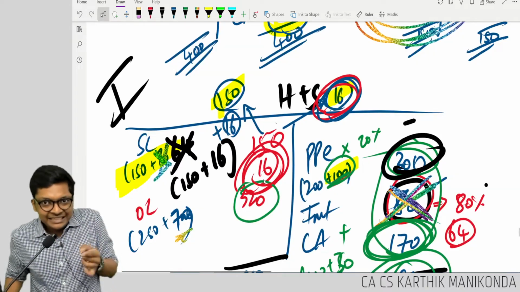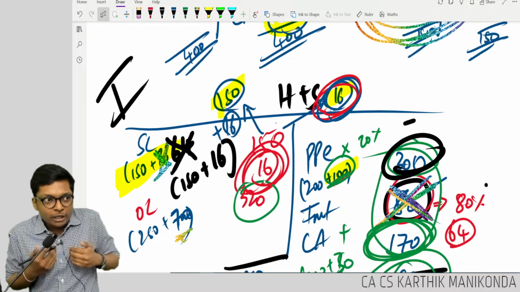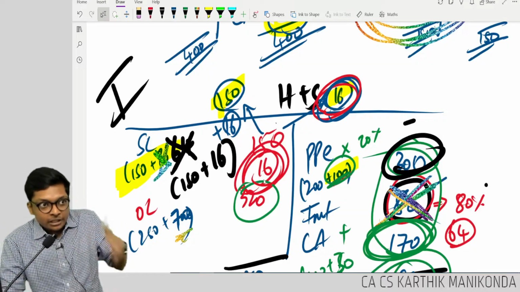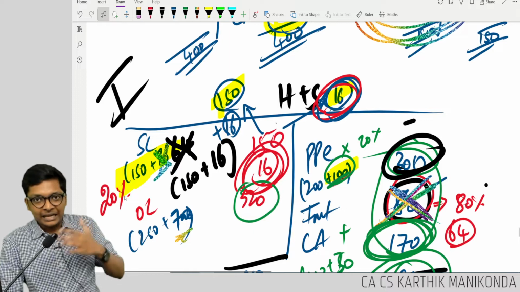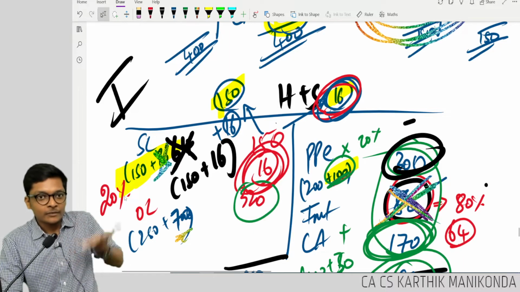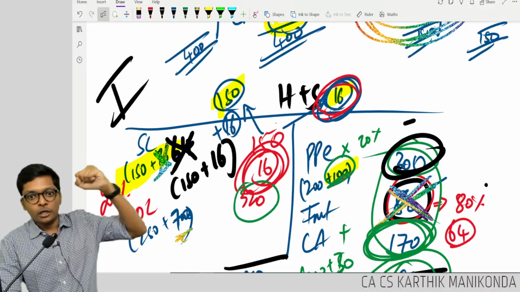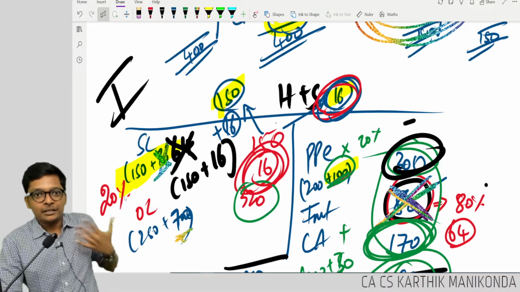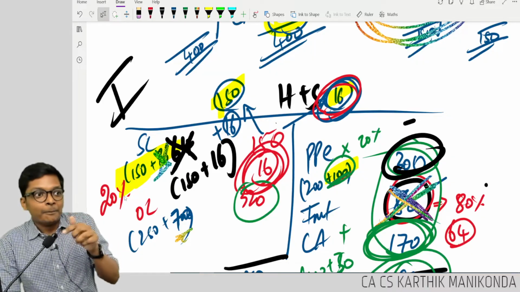This 16 is part of my balance sheet which does not belong to me, it belongs to the other shareholders. How much percentage do they have? 20%. I have 80%. So I am called the majority. That 20% is the minority.